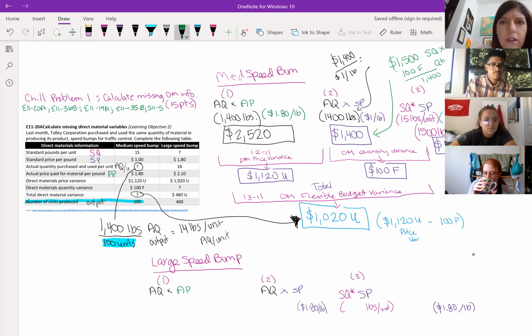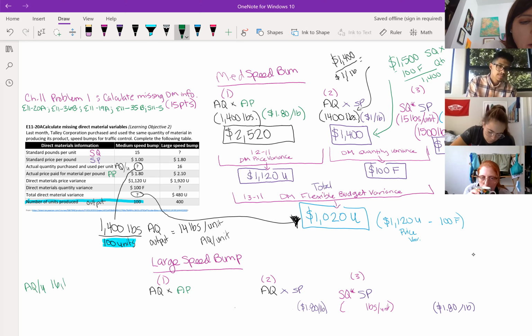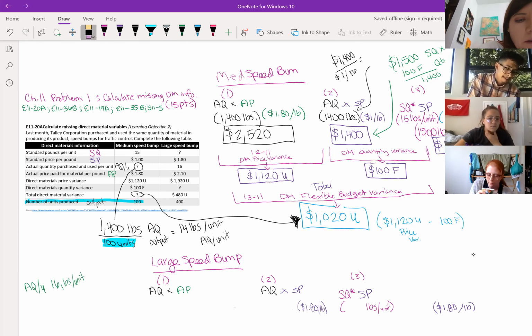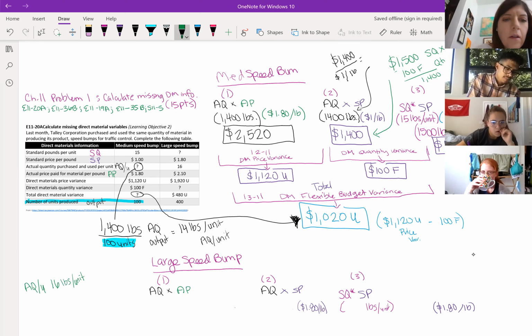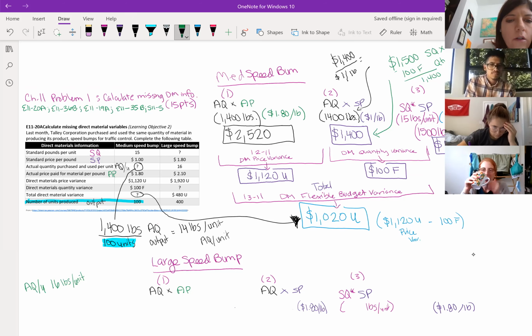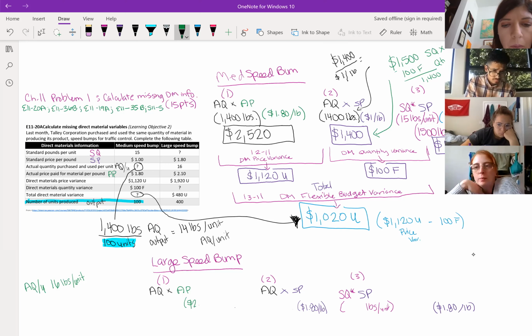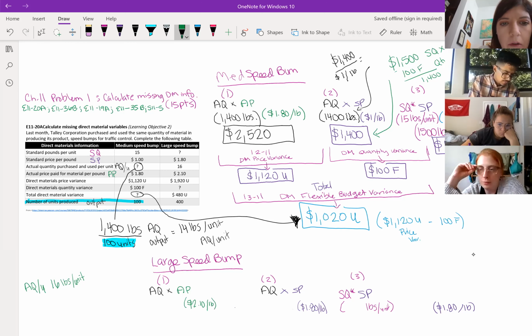So I'll just keep this off to the side, because it's the actual quantity per unit, which is 16 pounds per unit. Actual price paid for the material per pound is $2.10.